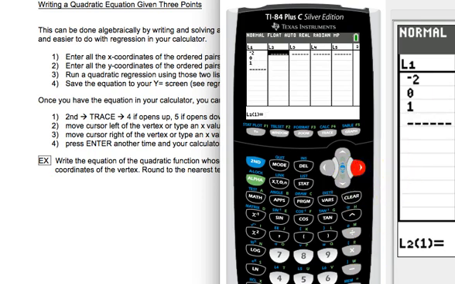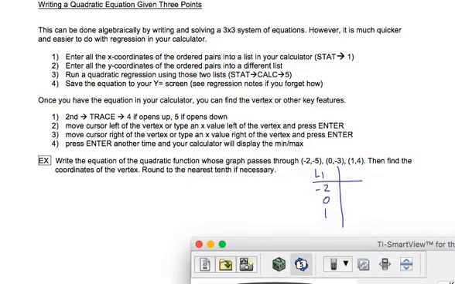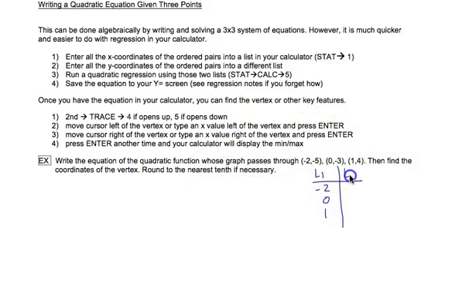It is extremely important that you pair the data correctly, meaning that the order that you enter the data is important. So when I'm listing this L1 and L2, I'm listing each x with its paired y. So -5 has to come first because that's the y that went with the -2. Then the -3 because that went with the 0, and then the 4.